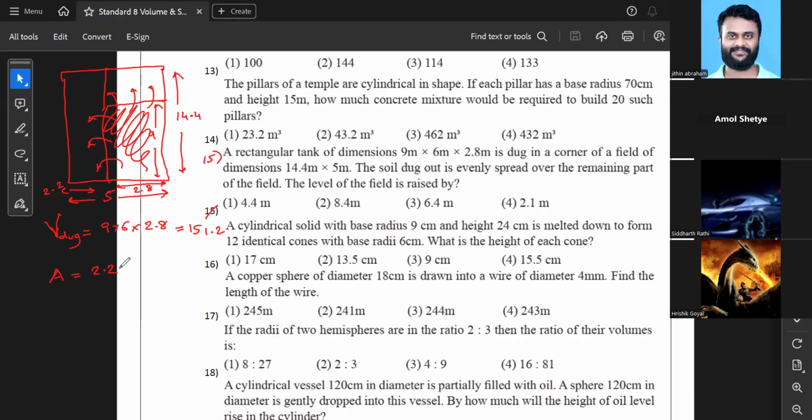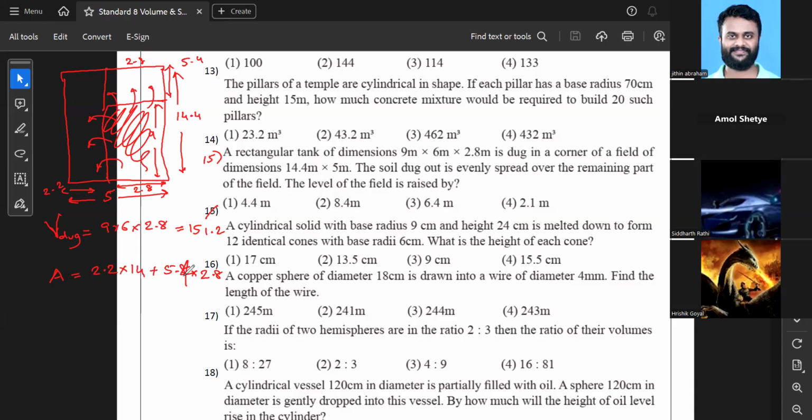So 2.2 multiplied by 14, plus this much is 9, which means this width will be 5.4 and this width will be 2.8 as we know.